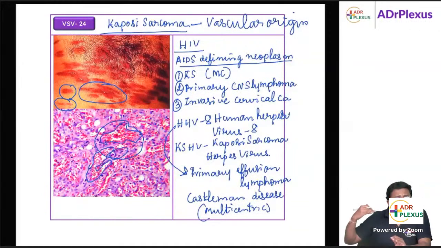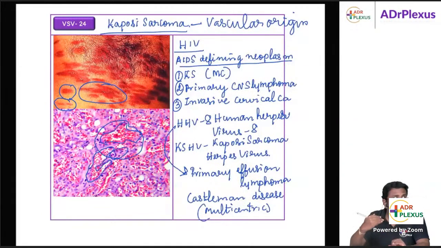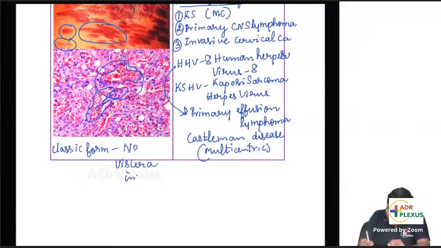Please remember, Kaposi sarcoma can be seen in an HIV setup, but in non-HIV people also, Kaposi sarcoma can be seen. It can be seen in a classic form, or in an African endemic form, or in a transplant-associated form. One important MCQ you have to remember in Kaposi sarcoma: in the classic form, there is no visceral involvement.